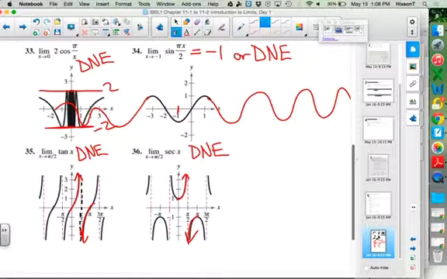Here's the thing, how many of you would say that this is probably -1, the limit is -1? How many of you would say this qualifies as oscillating behavior, so the limit would not exist? Alright, how about the 3 of you who didn't vote? What do you think?